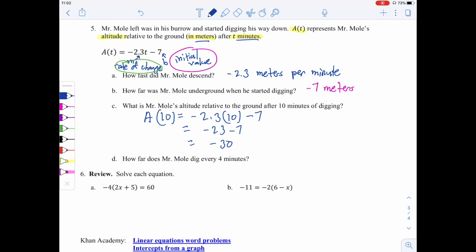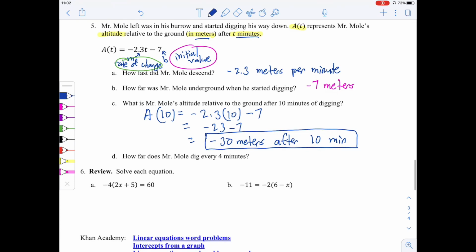Negative 30 meters after 10 minutes. Okay, so he's deeper, so he's going down, which makes sense because he's digging down. He started at -7 meters. He dug for 10 minutes at 2.3 meters per minute, and he does end up at -30 meters after 10 minutes.